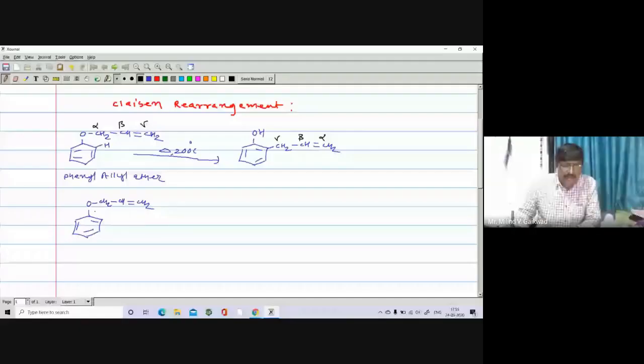Same thing, alpha carbon, beta carbon, and gamma carbon. But here the ortho hydrogen is replaced by the CH3, meaning there is an absence of ortho hydrogen atom.